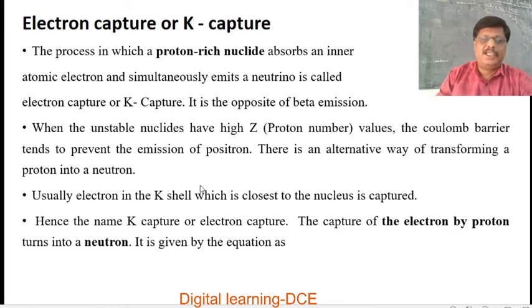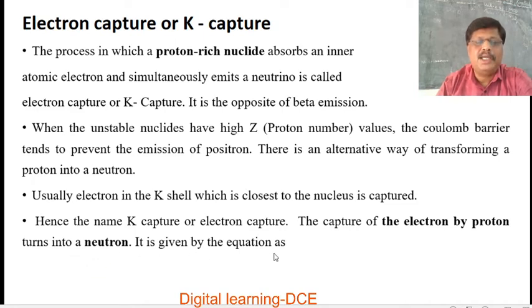As you know, the K shell is closest to the nucleus. Therefore, the electron in the K shell is captured by the proton inside the nucleus and becomes a neutron. Hence the name K capture or electron capture.